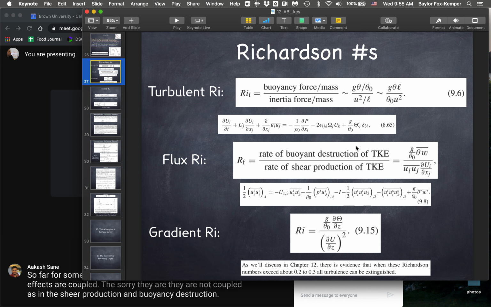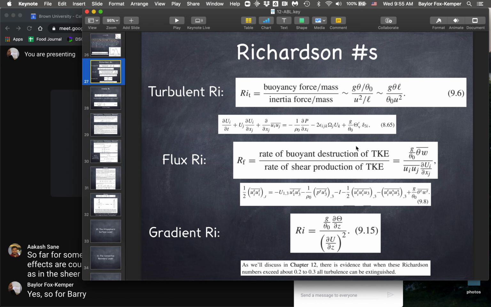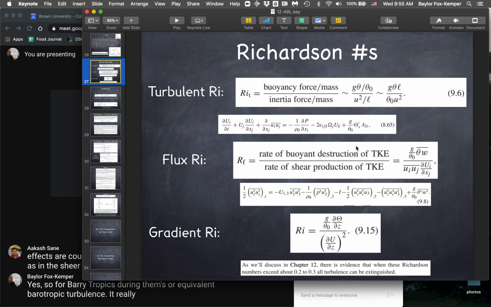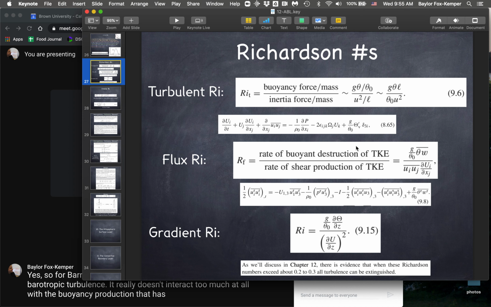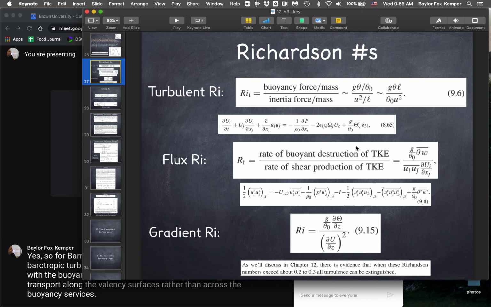Yes, so for barotropic turbulence, or equivalent barotropic turbulence, it really doesn't interact too much at all with the buoyancy production. It has everything to do with the transport along the buoyancy surfaces rather than across the buoyancy surfaces. So mesoscale eddies tend to have velocities that are just aligned with the density surfaces. And the same is true of atmospheric synoptic flow.